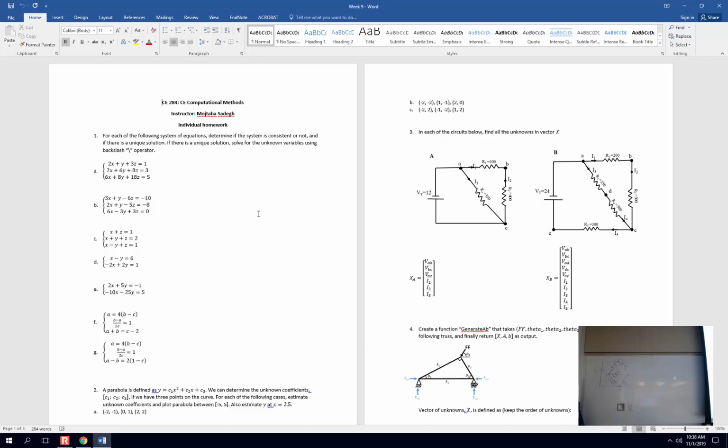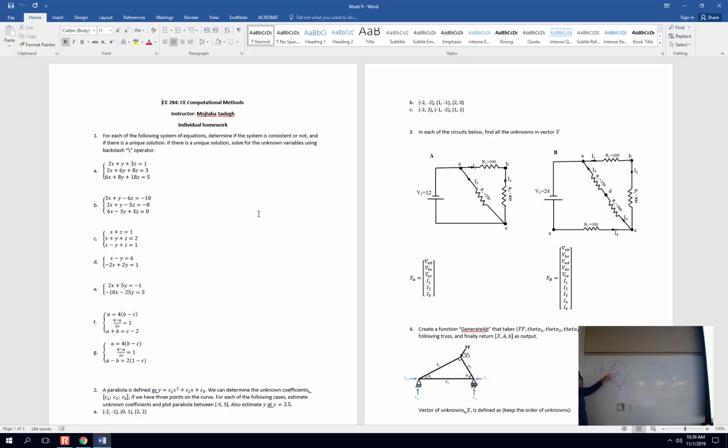This is an assumption. We assume that current is going to be this way. It can be the other way around. You make an assumption, you go with it. If the assumption is correct, that comes out positive. If it's not correct, that comes out negative. So let's see what happens.